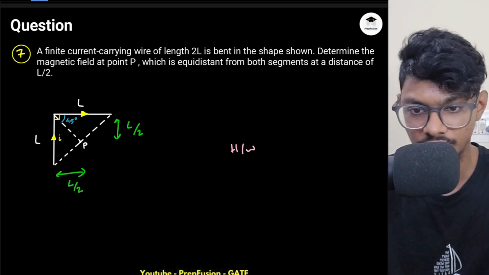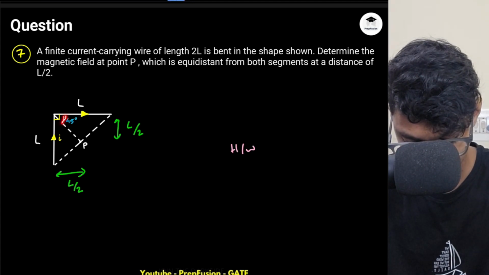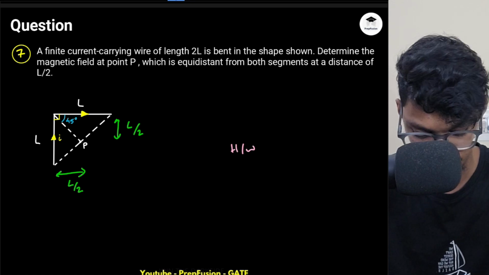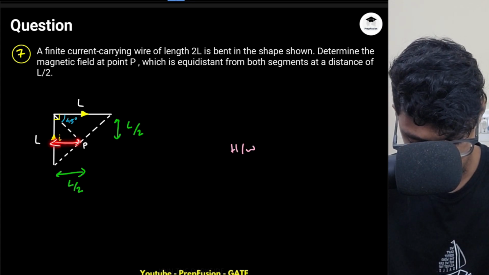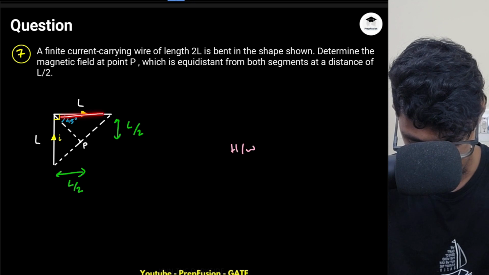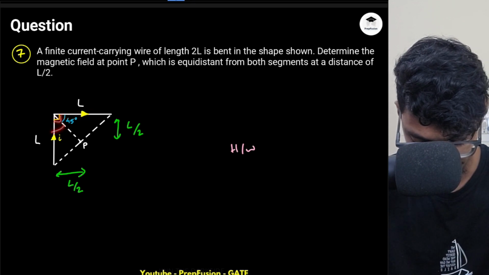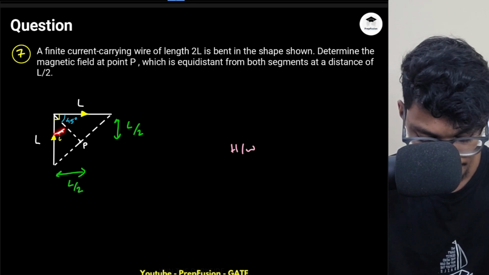So from there we are able to compute the perpendicular distance, and they have mentioned that this angle is 45. Is this of much use to us? We will see. So this distance is L by 2 and this is L. This is total 90, so this will be 45. If this is 45, what will happen?